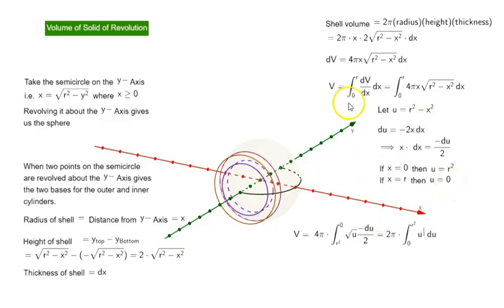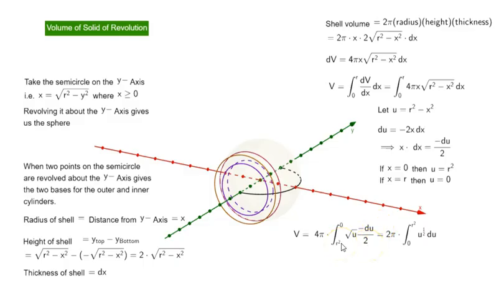Doing the substitution, we get V is equal to 4 pi times the integral from r square to 0 of square root of u, because r square minus x square is u, so it is under a square root, times x dx, which is equal to minus du by 2.